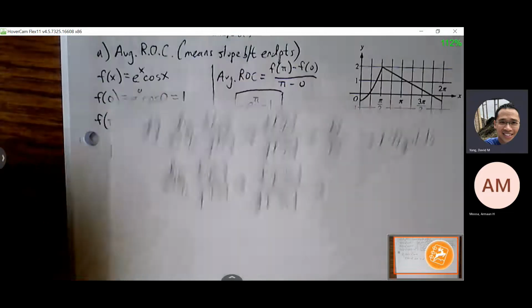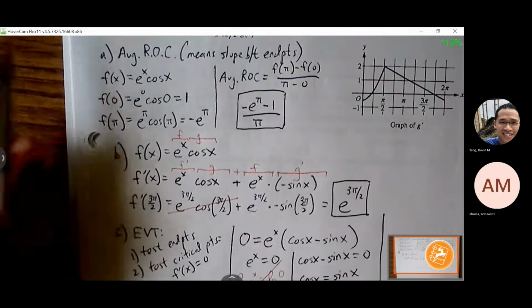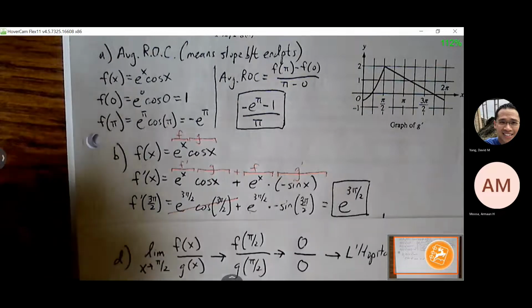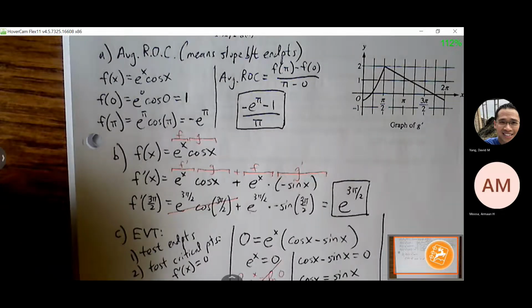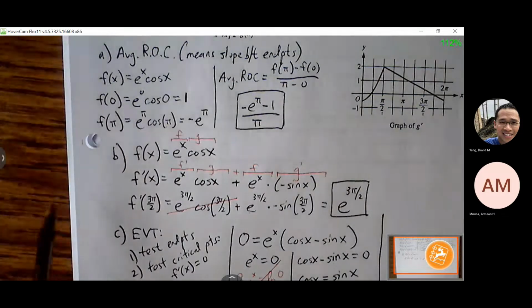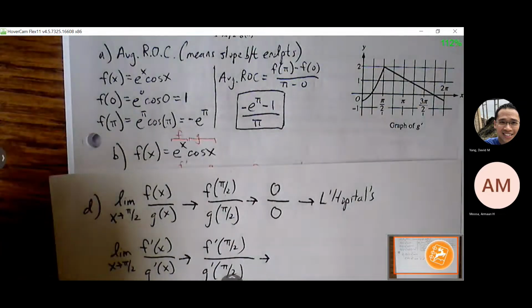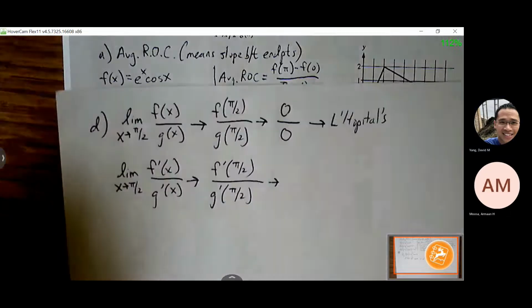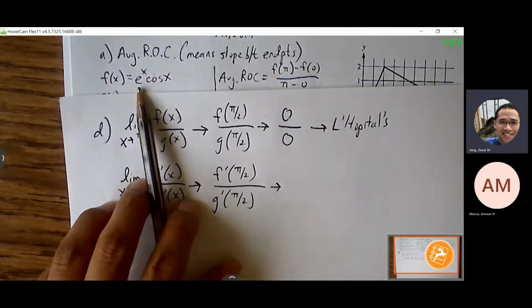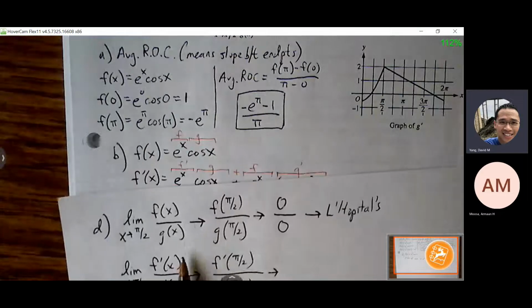F prime of pi over 2. So f prime is, oh yeah, it's over here.